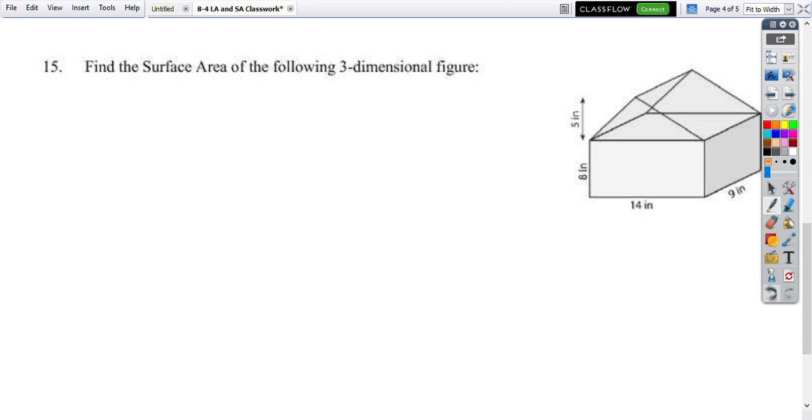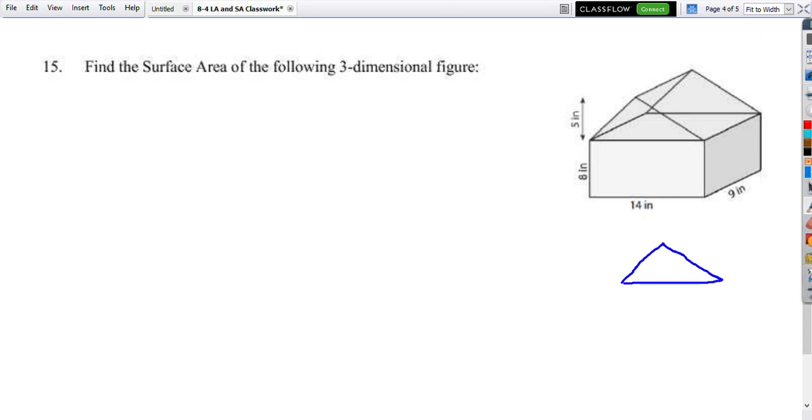Now, the thing we have to be careful with is this triangular face in the front, okay? We know that the distance from here to here is 5, and that if we dropped a line straight down to the bottom, it's going to cut all that in half. And so these are going to be essentially 7. So when we drop the height for the triangle, it's going to create this distance of 7 here.